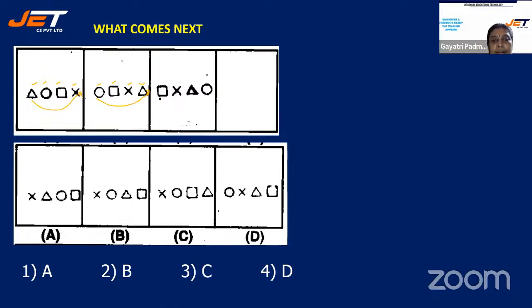So here, next one, the square should be the last one. So wherever you have the square as the last one, you first mark your answer. Yes. So you have 3: A, B, D. There only you have the squares to be the last. So C cannot be the answer.